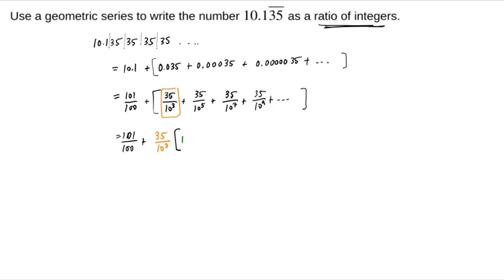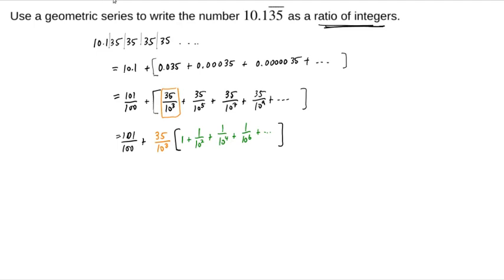So 1 plus 1 over 10 to the 2, the next one's 1 over 10 to the power 4, 1 over 10 to the power 6, etc. And here we see that this sum is a geometric series whose leading term is 1, and the common ratio is 1 over 10 squared, or 1 over 100.